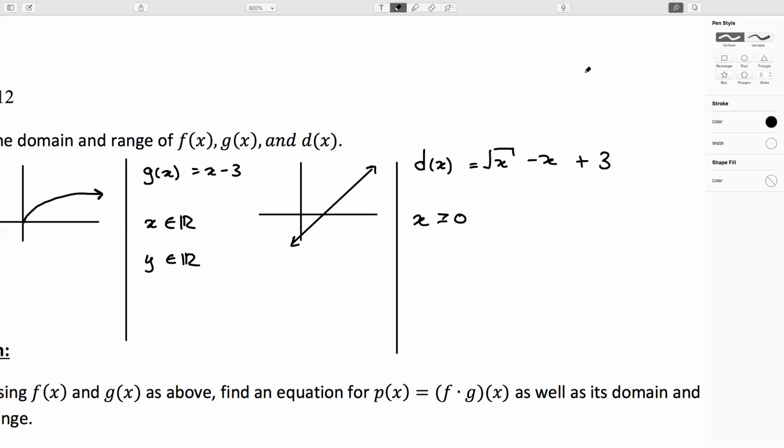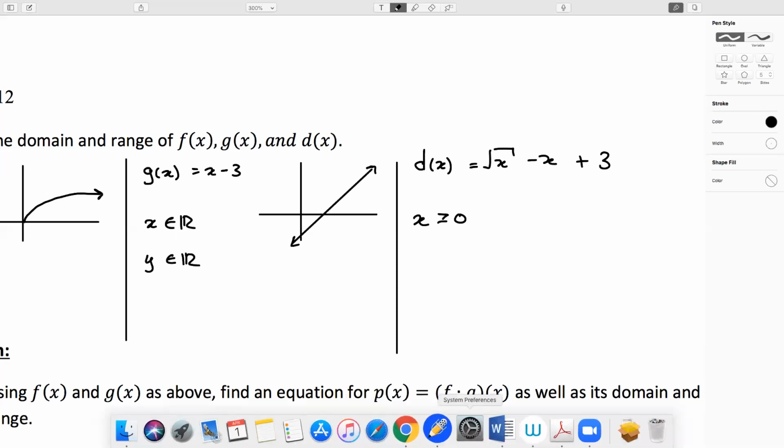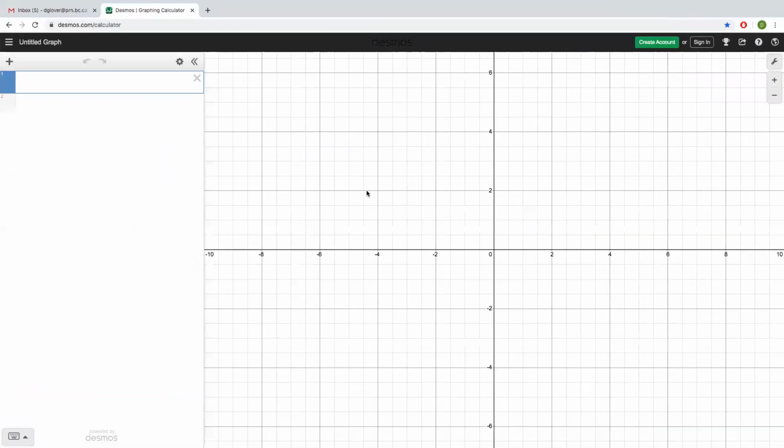Now let's go to Desmos, graph this thing, and then we'll have a better idea about our range. So I'm going to open up Desmos here. The function is the square root of x minus x plus 3.